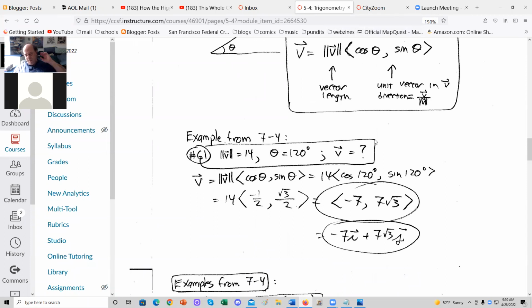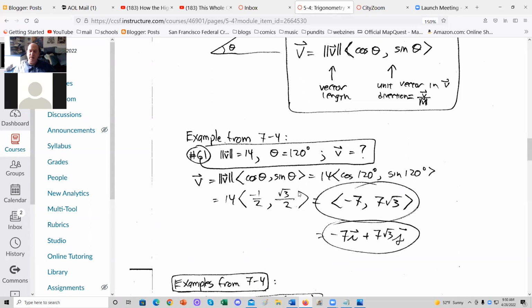Okay, now, so we have some examples. Here's a vector with length 14, and it's 120 degrees from the x-axis. What are the components? All right, here we go. The vector v is length times cos theta by sine theta. That's 14 times cos 120 by sine 120. Cos 120 degrees is -1/2.